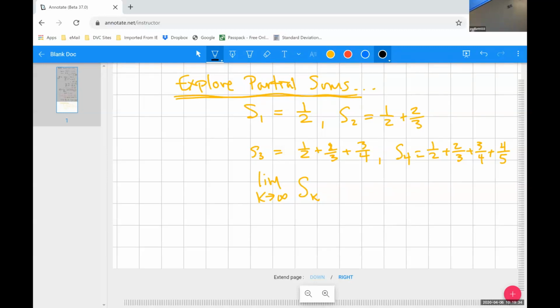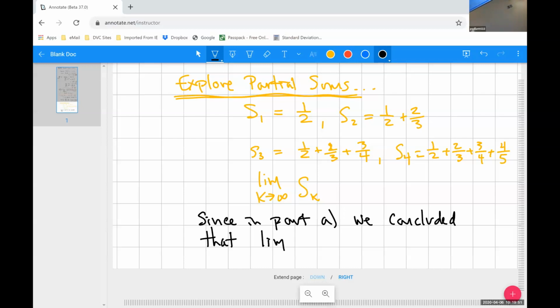So I would say, since in part A we concluded that the limit as k goes to infinity of k over k plus 1 is 1, which is not 0, then the series diverges by the divergence test.